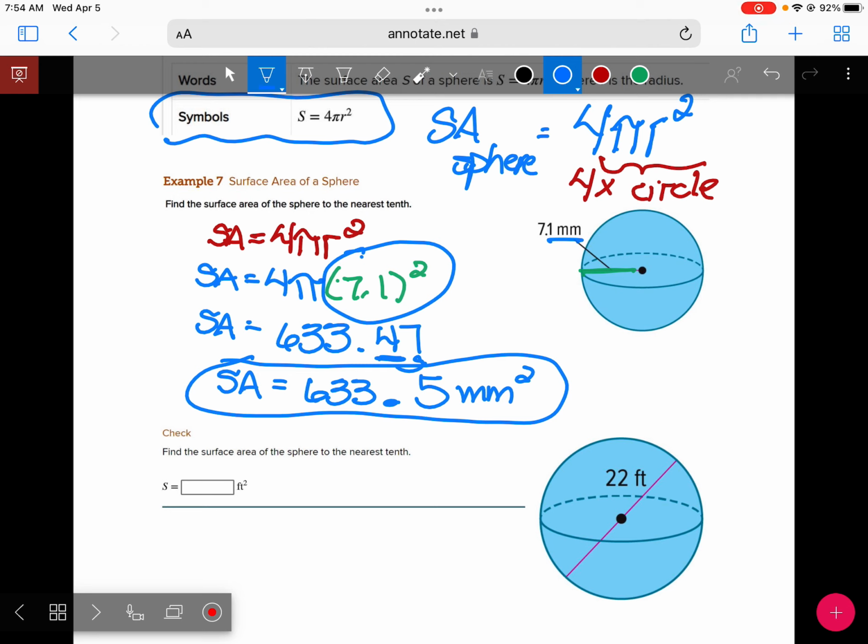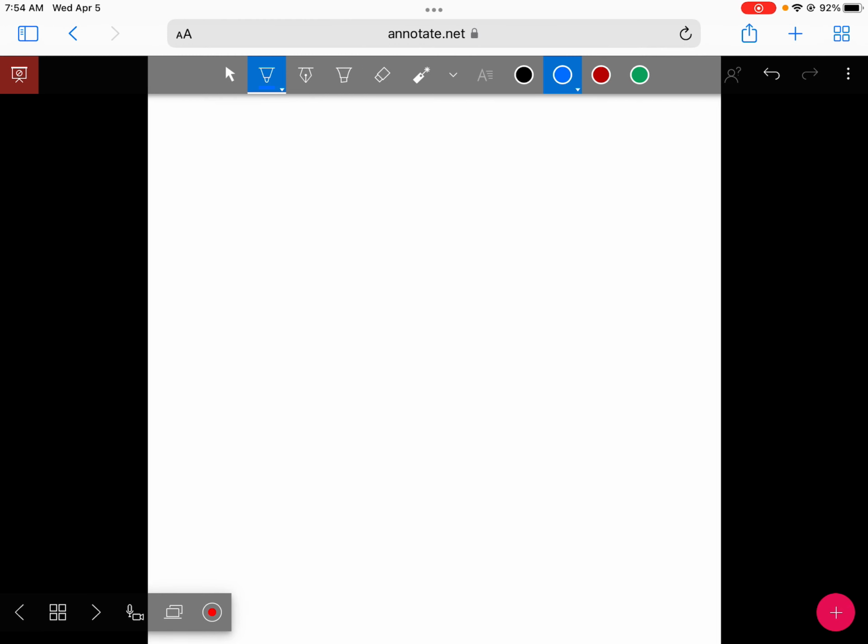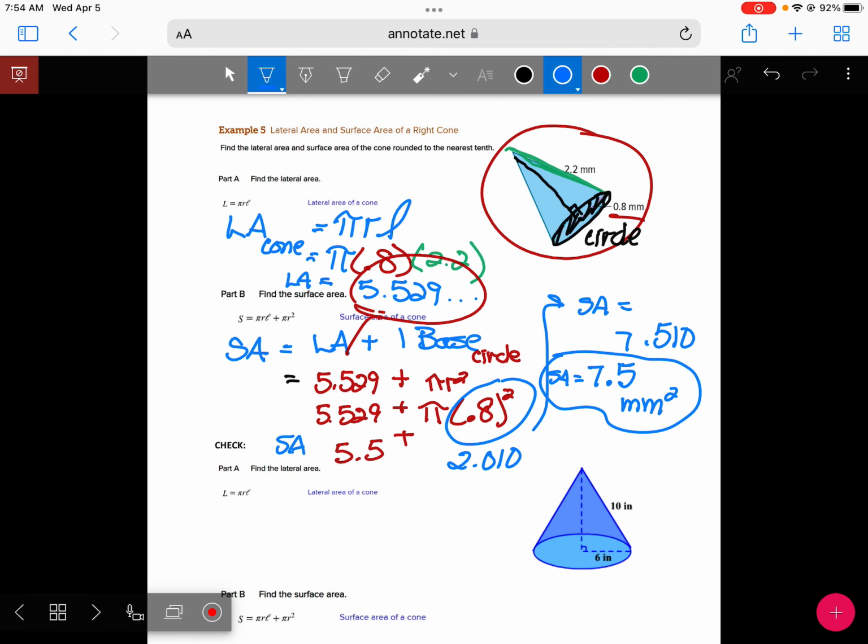All right. So again, we will give you the formulas. You do have to recognize what they are, though. All right. So this is a sphere. 4 pi r squared. That's the formula for a sphere. Going backward.